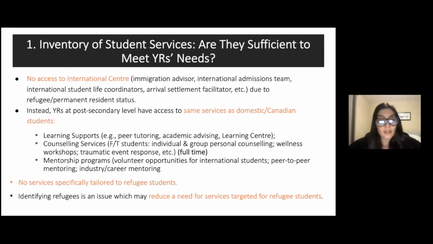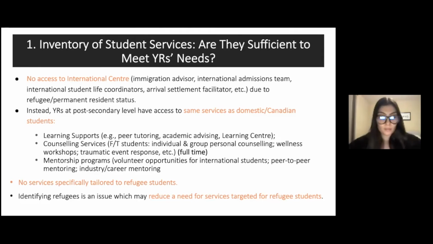Instead, they only get access to the same services that a domestic or Canadian student would have. So they would only be able to access learning support such as peer tutoring, academic advising, counseling services, and, might I add, it's only available to those who are full-time students. And lastly, mentorship programs, volunteer opportunities and things like that.